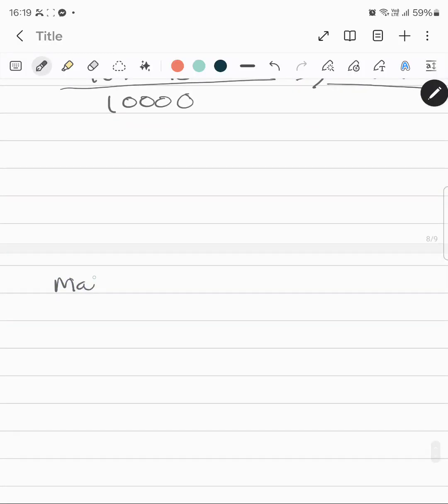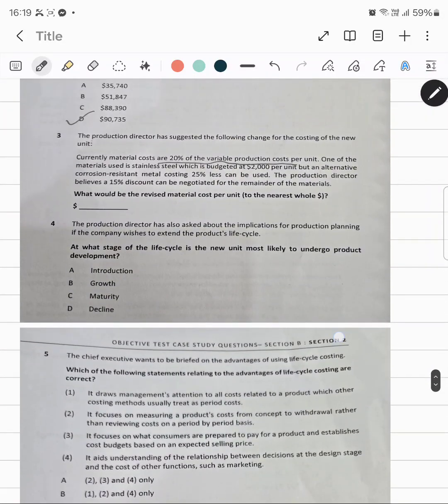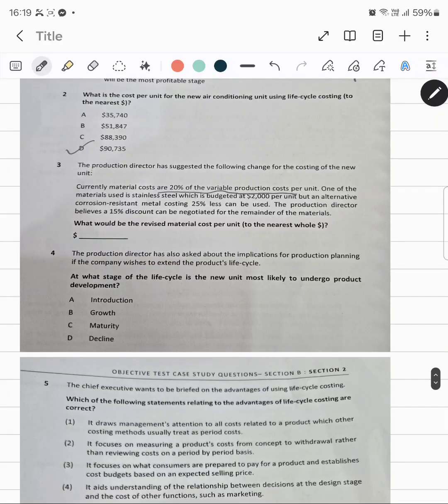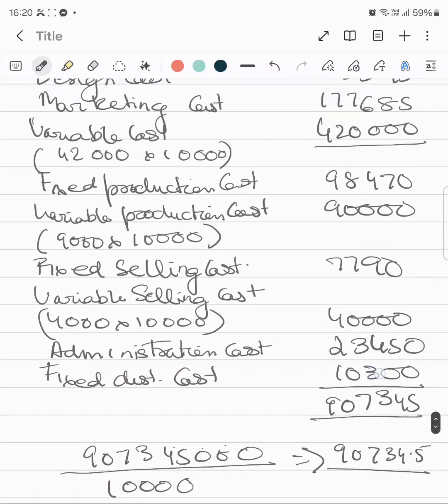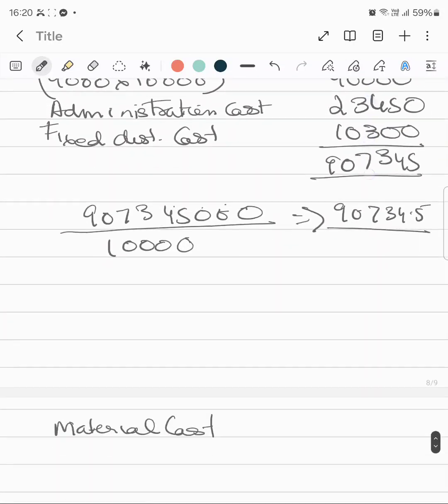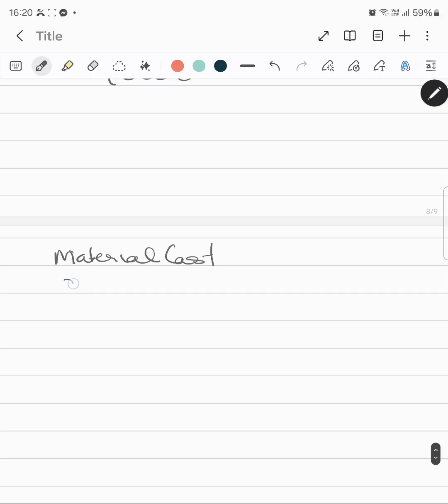The material cost has been said that it is 20% of the variable production cost. So the variable production cost was 4,20,000 and 20% of it will be 20% of 4,20,000. How much will it be? 84,000.